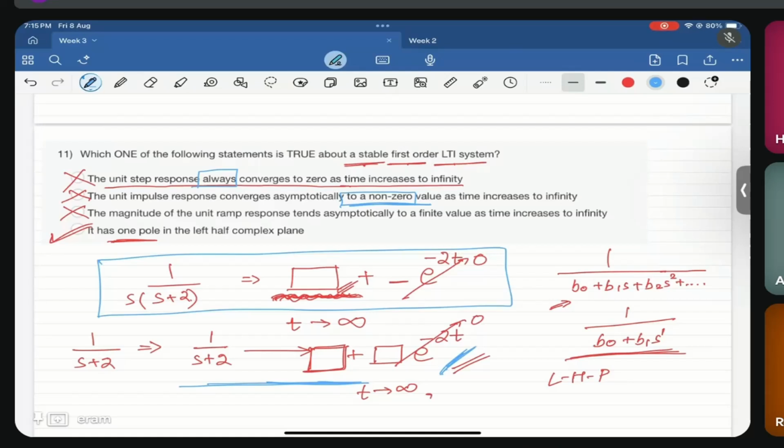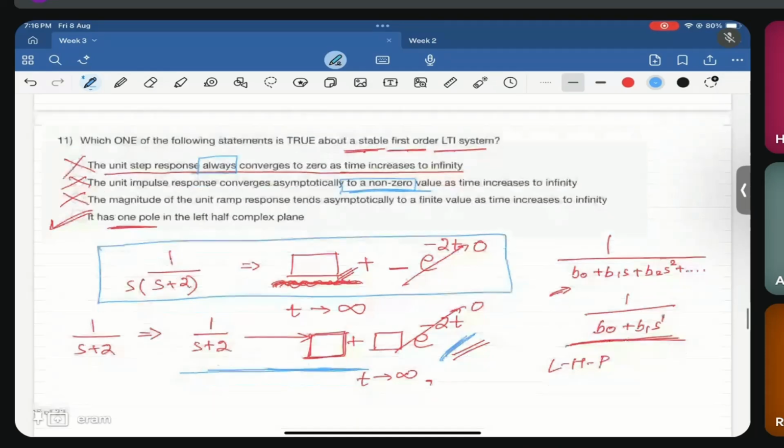Ma'am, for a step input, there is always a constant term in the output. In all the questions that we have solved, there is always a constant term. Yes. For unit step and unit impulse response, we just have to find a counter example, if it exists, so we can discard that statement, because that statement is saying it converges to a non-zero value.